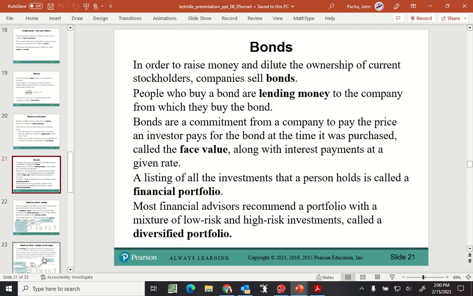Anyway, it was stupid. Anyway, most financial advisors recommend a portfolio with a mixture of low risk and high risk investments, called a diversified portfolio. Now, stocks, high risk. Bonds, low risk. So a little bit of both, especially if you're young. Because if you're young, it's okay to be riskier.